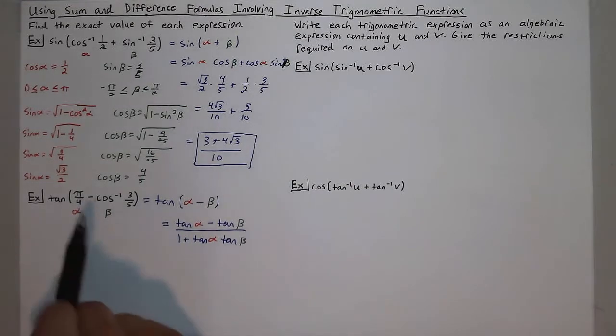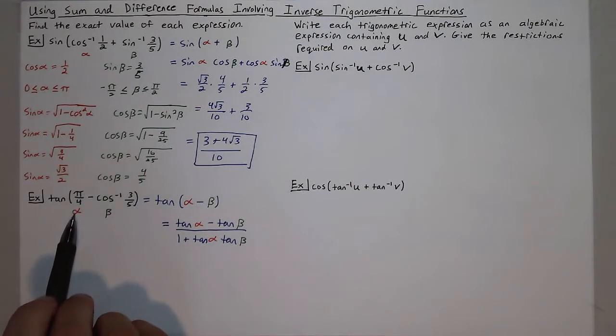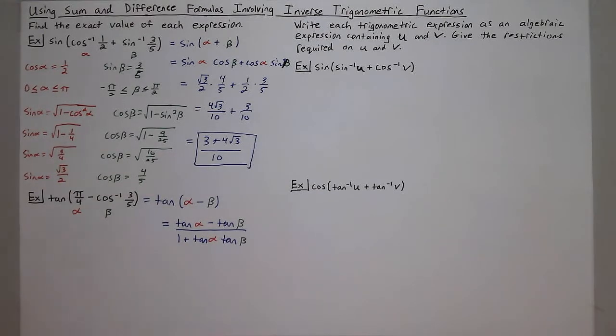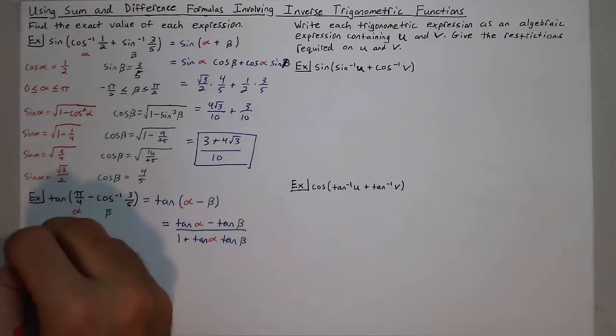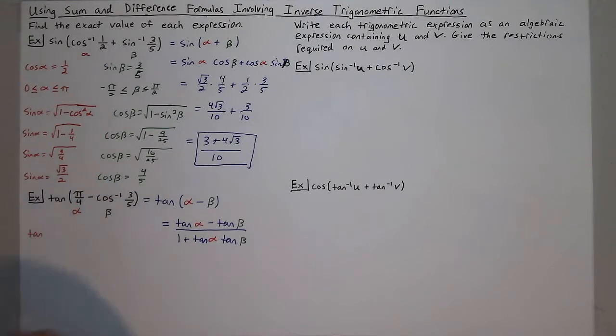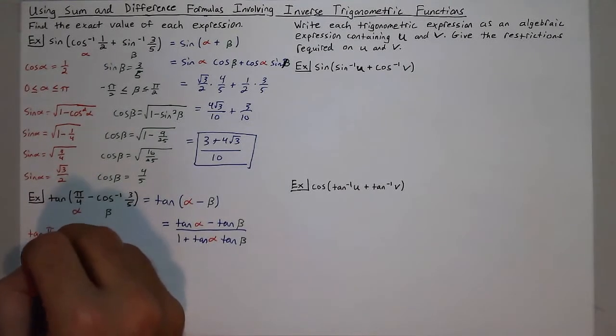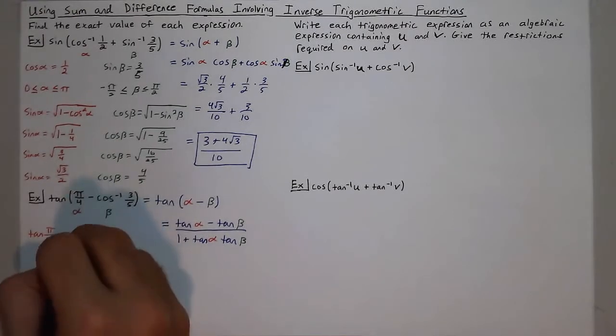So I already know what alpha is, pi over 4. If I wanted to figure out what tangent of pi over 4 is, I just use my unit circle, and that's equal to 1.